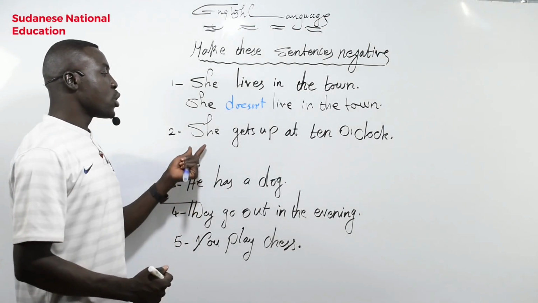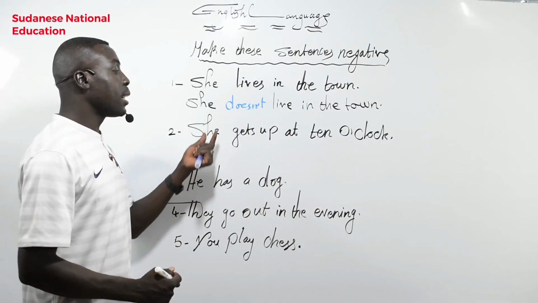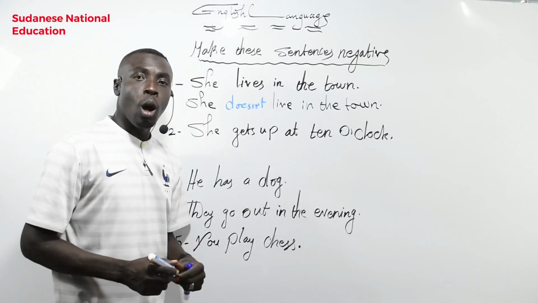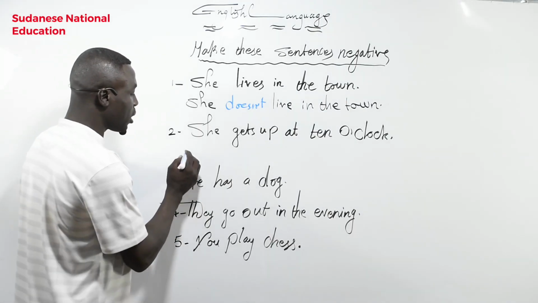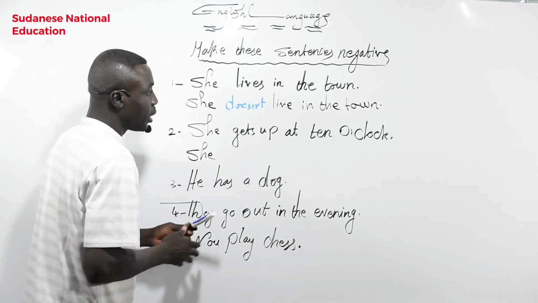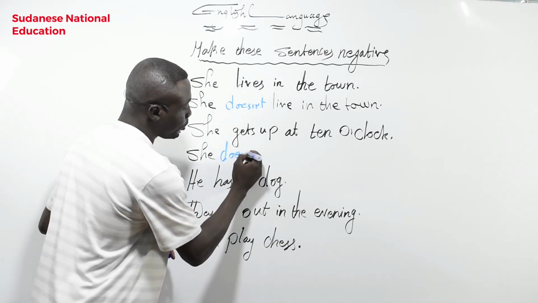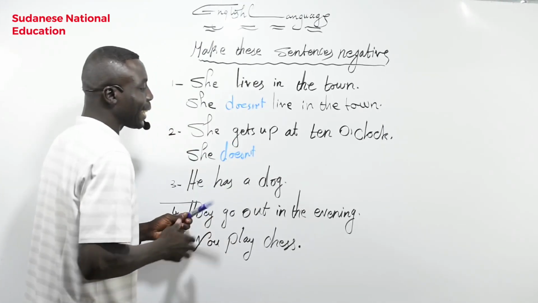Number two, she gets up at 10 o'clock. Negative sentence: she doesn't get up.